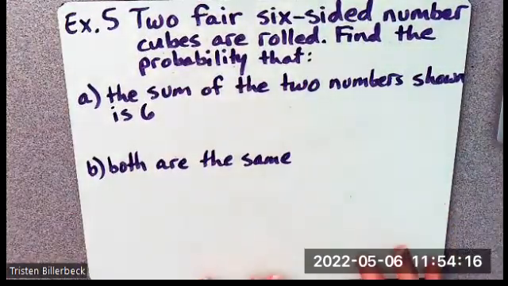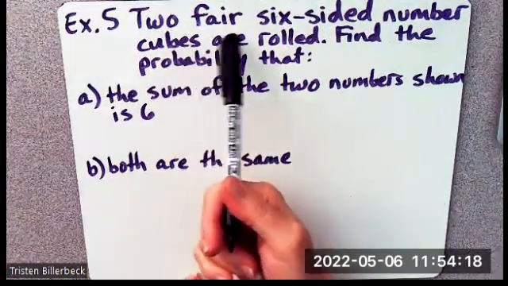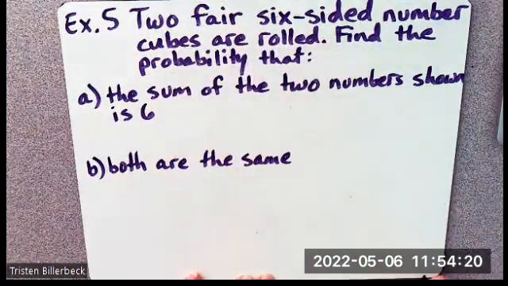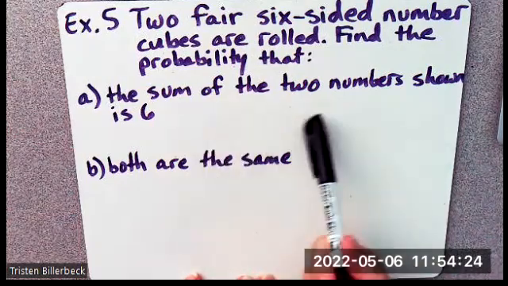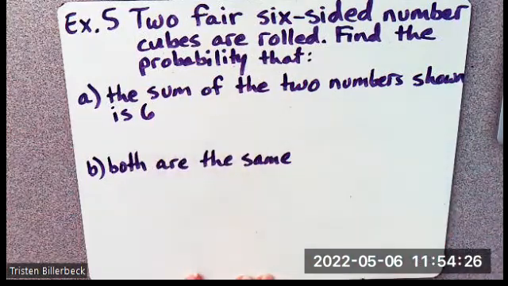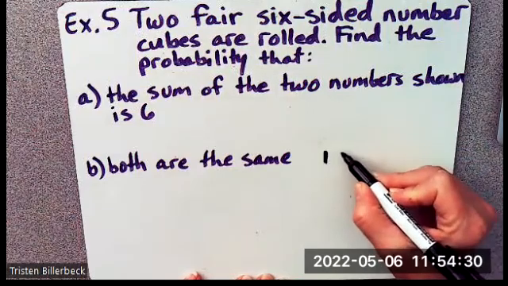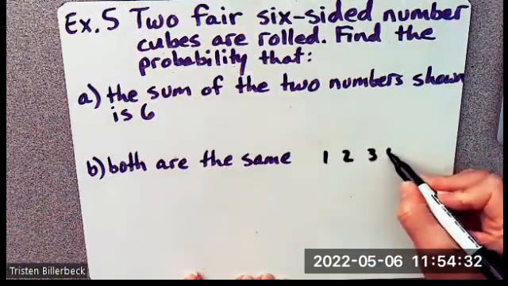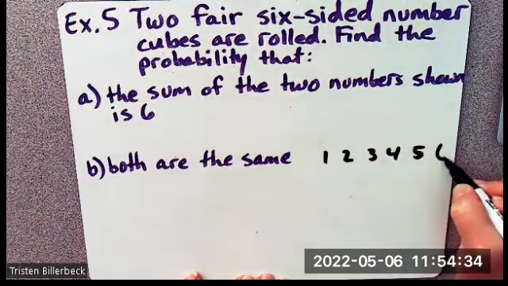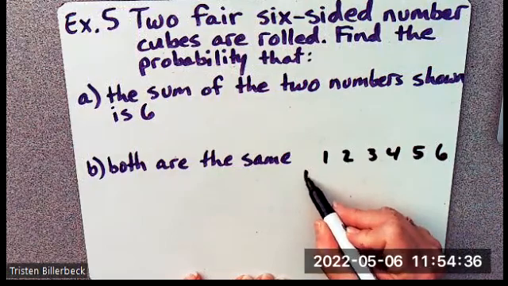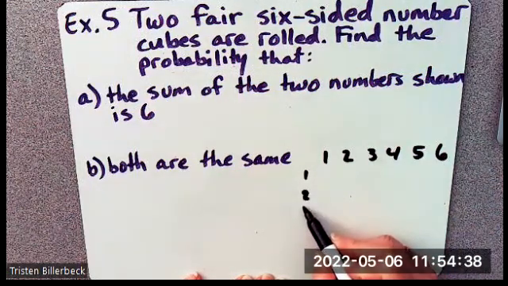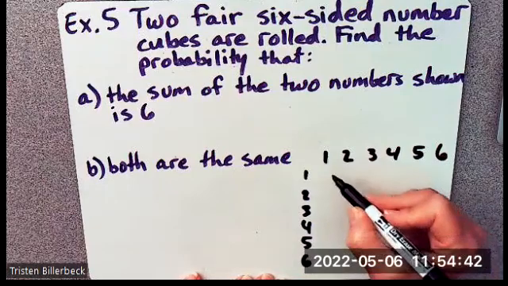All right, so now we're going to look at 2 fair 6-sided number cubes being rolled. Find the probability that the sum of the 2 numbers shown is 6. So we have possibilities here of 1, 2, 3, 4, 5, and 6 being rolled, and 1, 2, 3, 4, 5, and 6 being rolled.